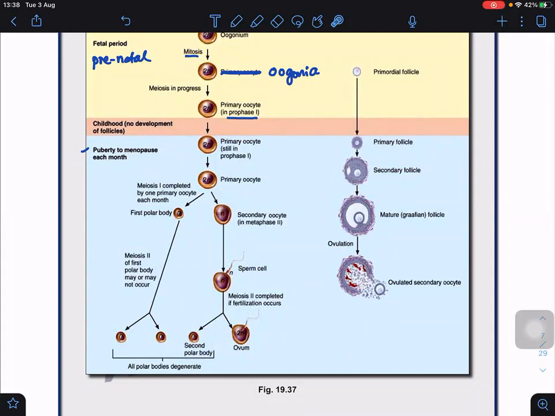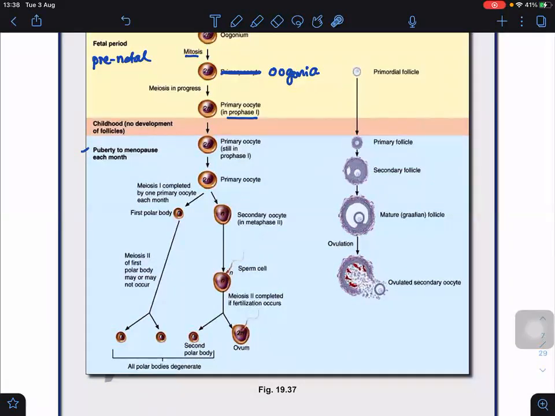If there is no sperm fertilization, the egg cell will stay as the secondary oocyte until menstruation takes place and it is discharged from the uterus. Are you clear? So you can see that the ovum exists for only a very short period of time.